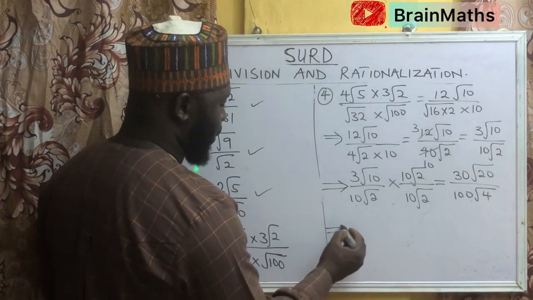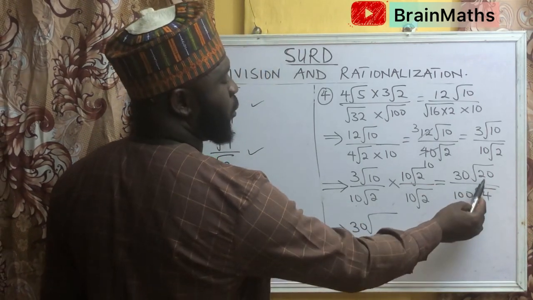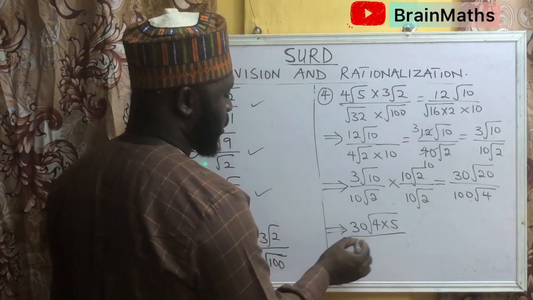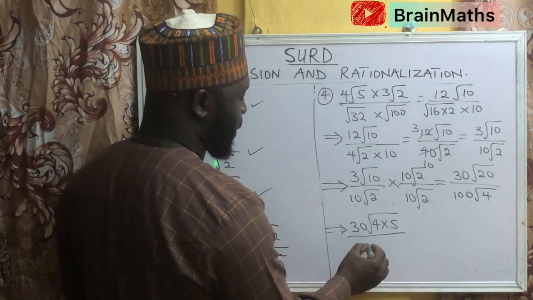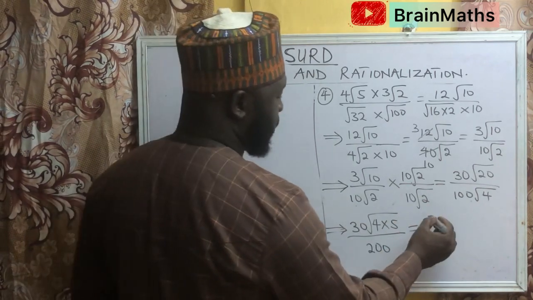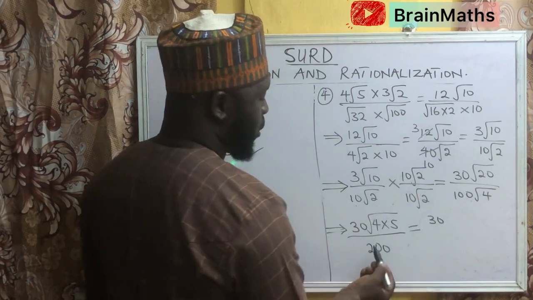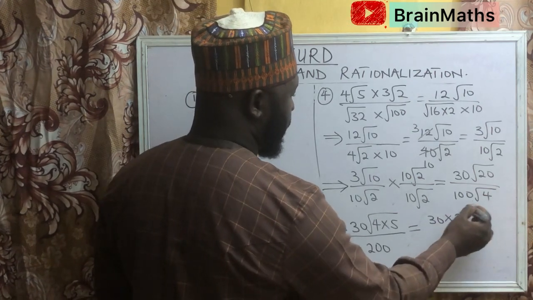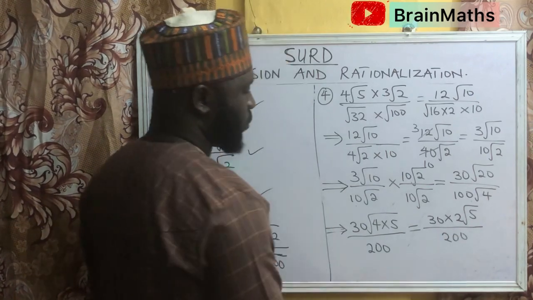So this is going to imply that 30 root 20, where root 20 can give us 4 times 5, and root 4 is 2. So 2 times 100, that is going to give us 200. We have 30 times 2, root 5 over 200.